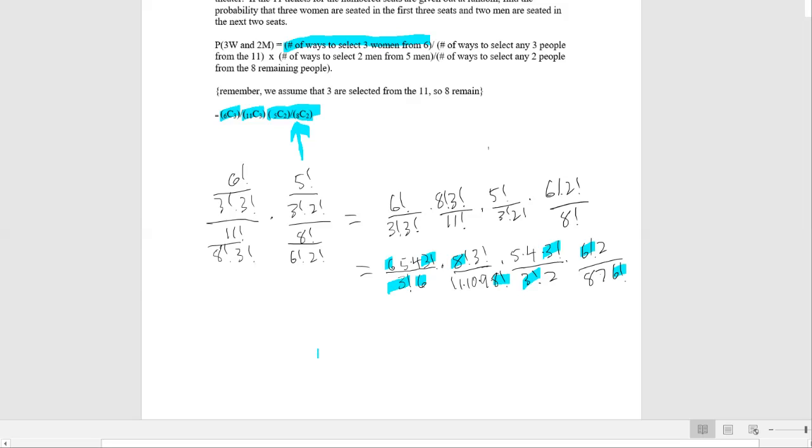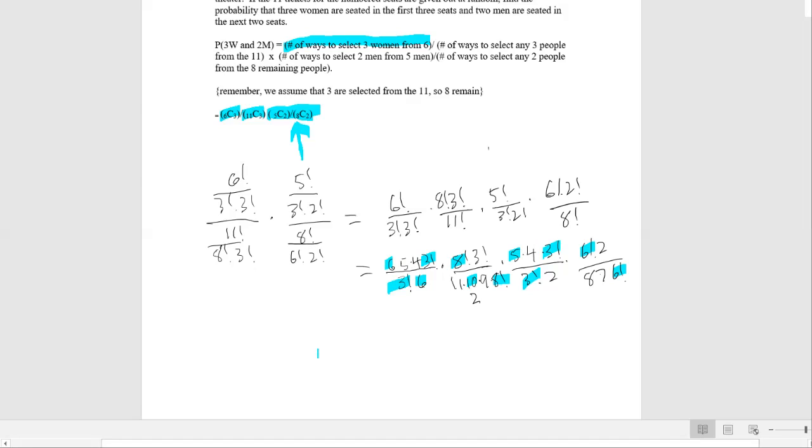I guess we could do this 5 with this 10, making that a 2. And what else can we do?